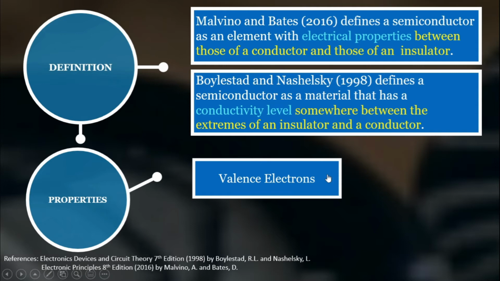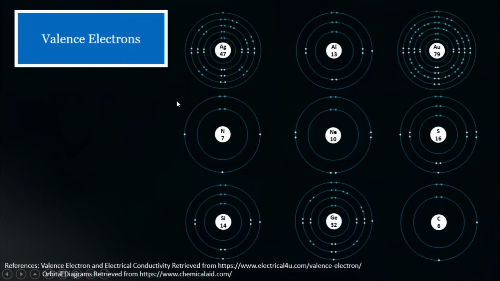So, let's review. We learned that the number of valence electrons will tell us what the electrical property of an element is. Less than 4 valence electrons means it is a conductor. Greater than 4 means it is an insulator. And lastly, if it has 4 valence electrons, it is a semiconductor.